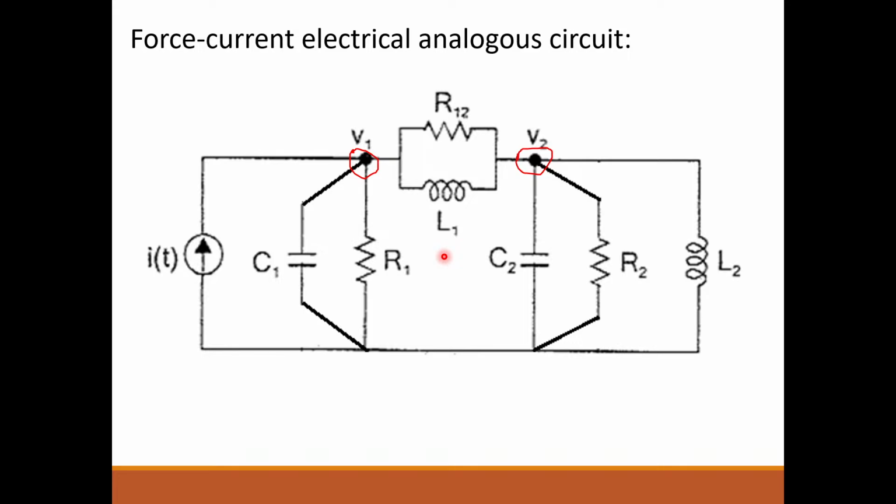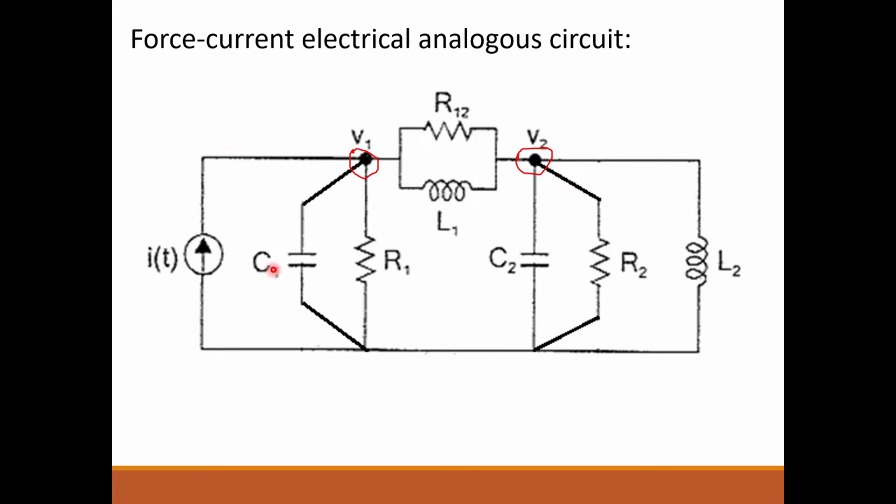If resistor and inductor are represented by R and L, you must connect them in series. If capacitor is represented by C, you must connect it in parallel. So 1 by C means series, C means parallel, 1 by R means parallel, R means series.